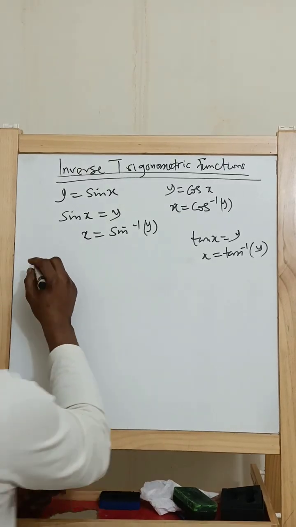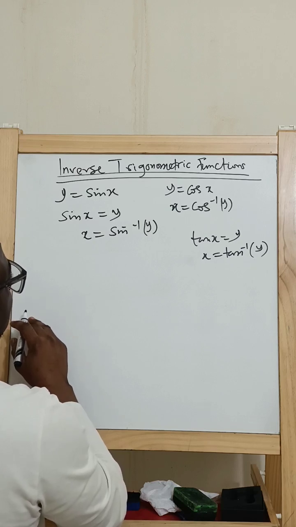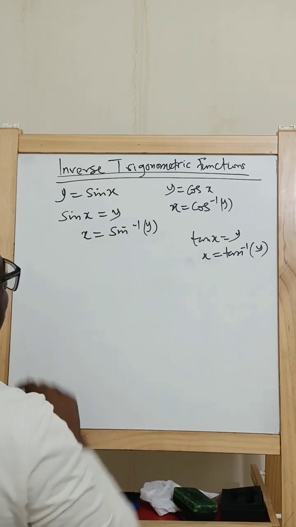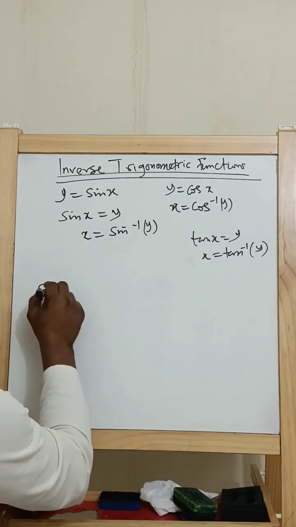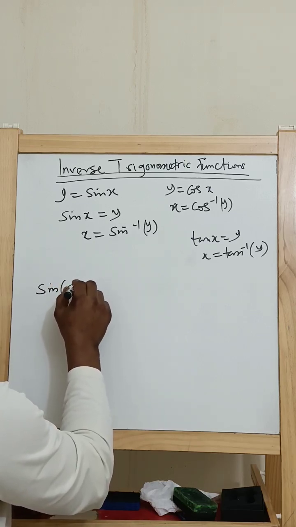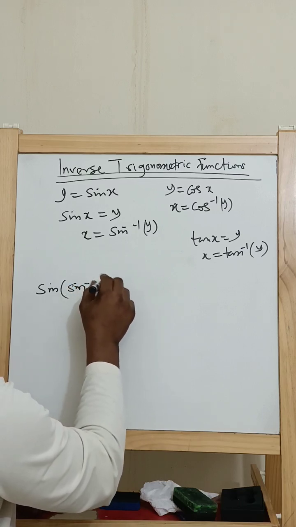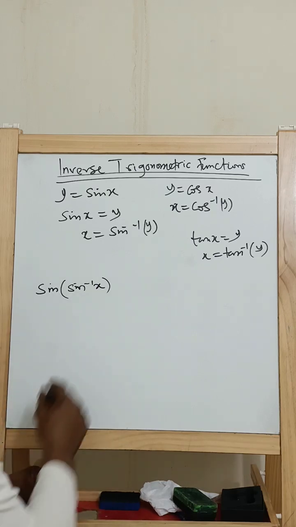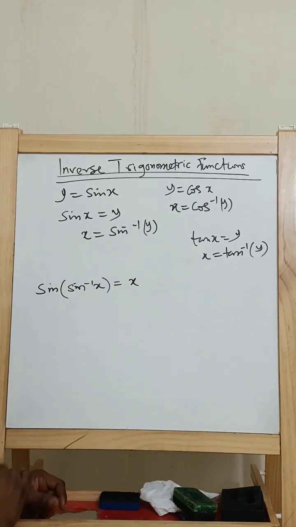Because it's an inverse function, it means sine of sine inverse of x is going to be equal to x.